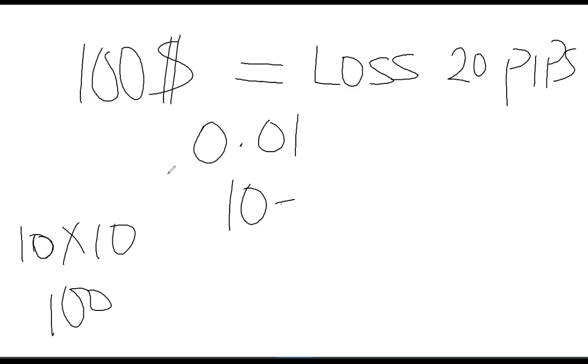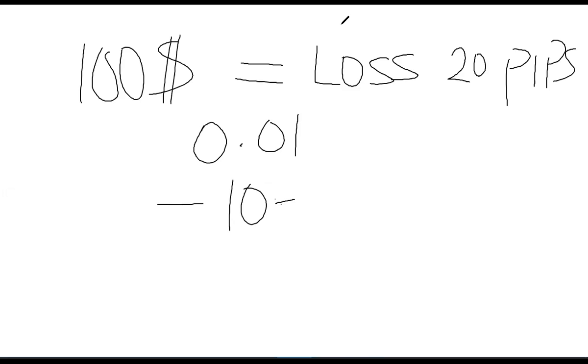But here you lost 20 pips. So meaning that you keep losing 10 cents 20 times. If you put them together, 10 cents in 20 places is $2.